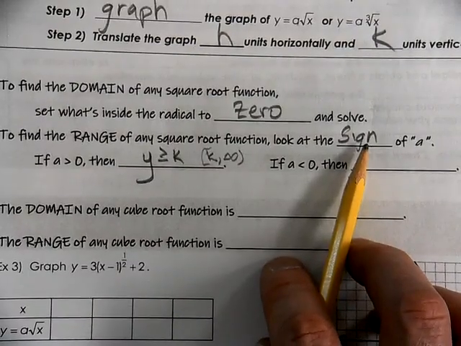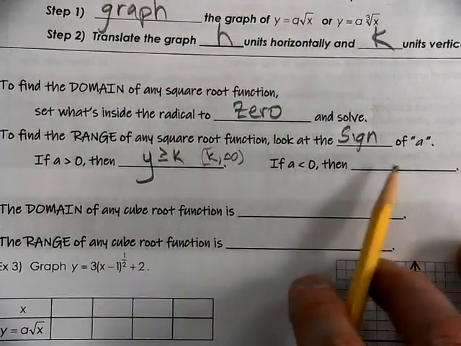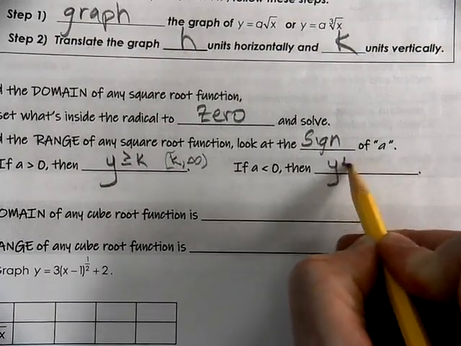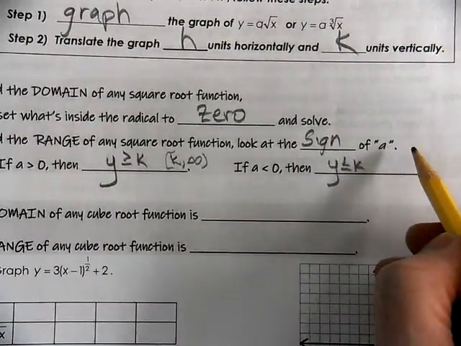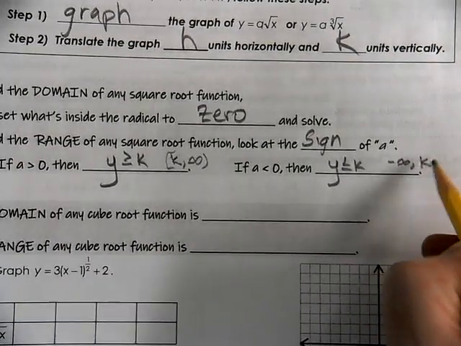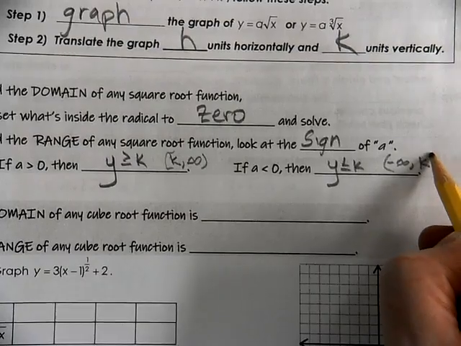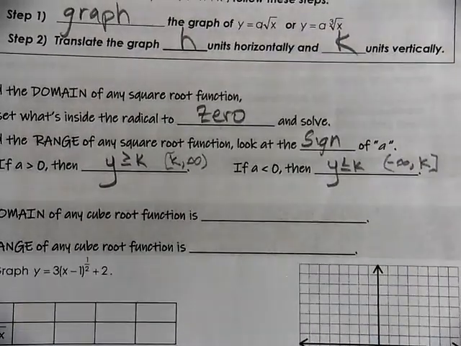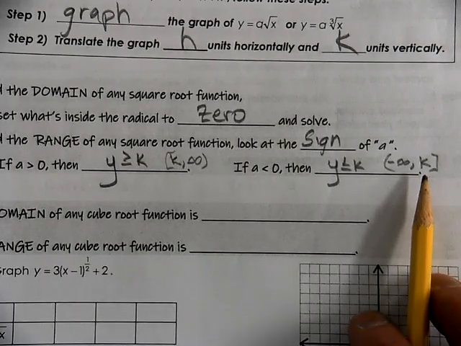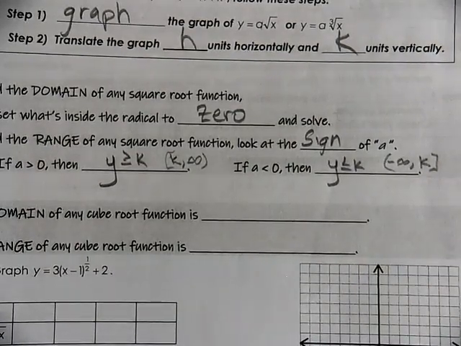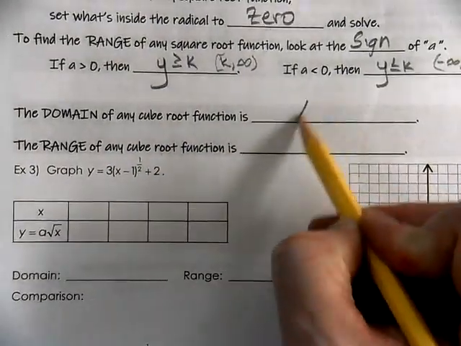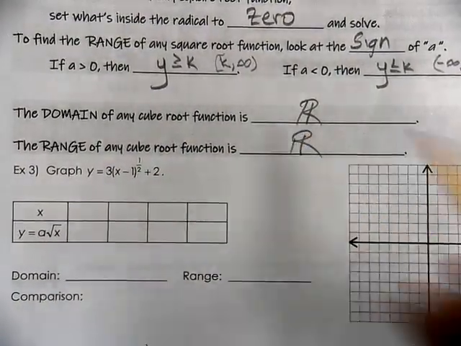If your sign is negative, you're going to have an a value that's less than 0. That's going to be y is less than or equal to k, otherwise known as negative infinity to k. You always do the smaller number first, the larger number second, with interval notation. To determine the domain and range of a cubic, well, that's just straightforward. It's always all real numbers.